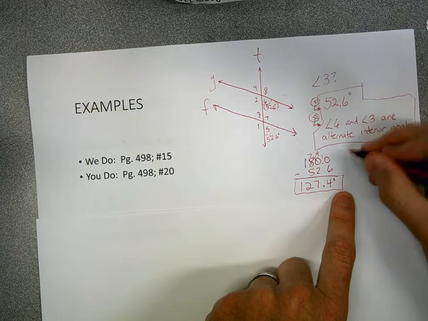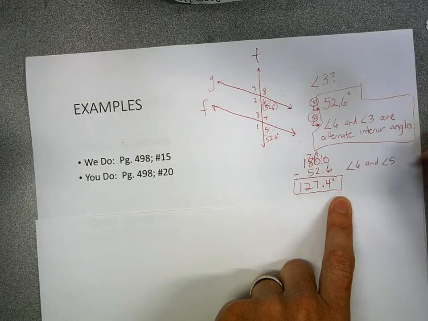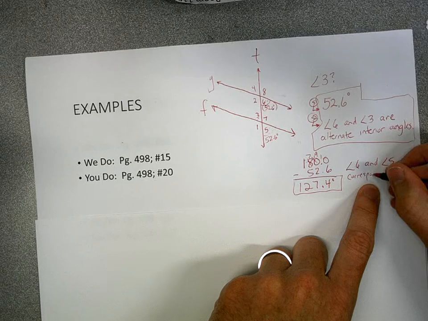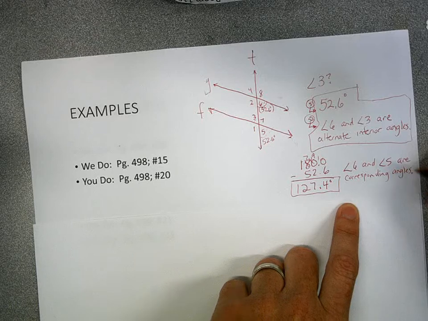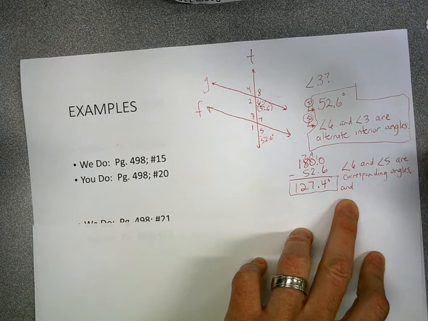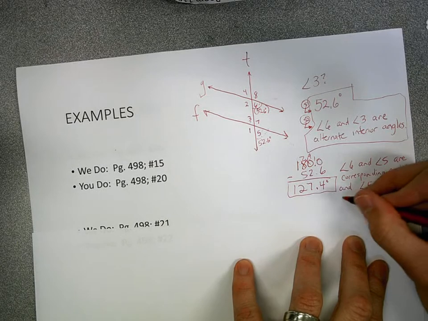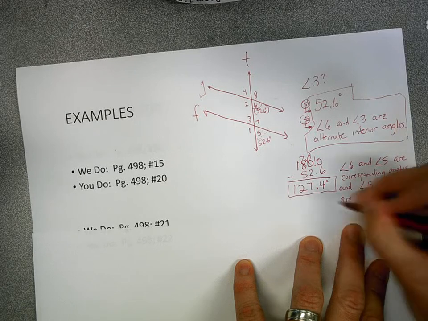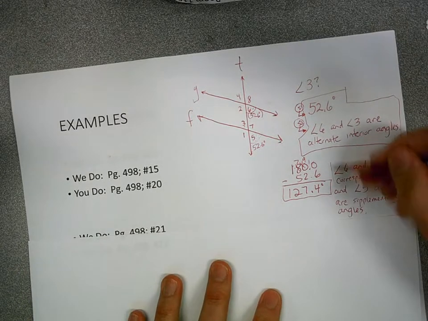We would say something like: angle 6 and angle 5 are corresponding angles, and angle 5 and angle 1 are supplementary angles. And that, along with my work, would back up my answer mathematically.